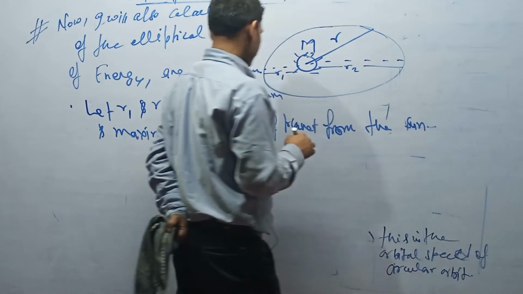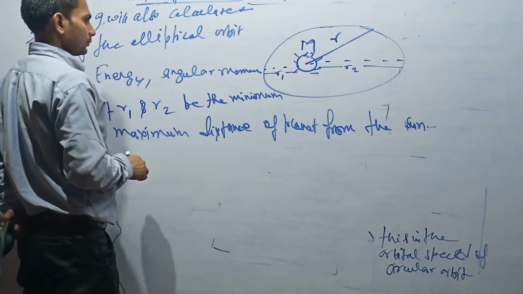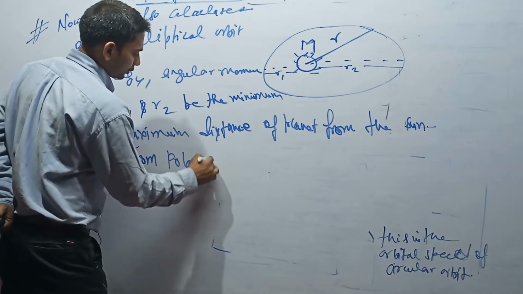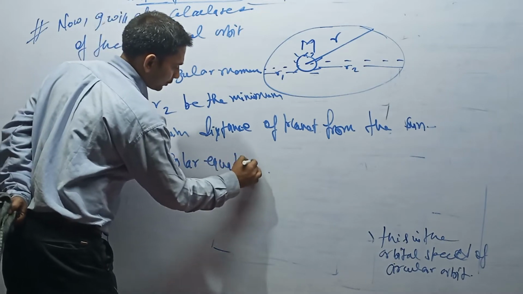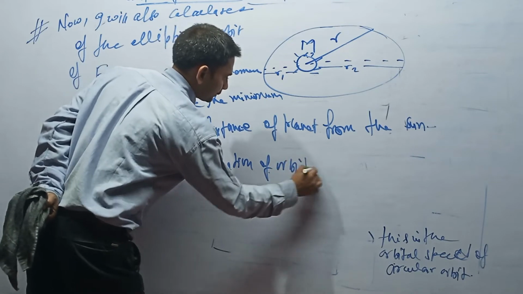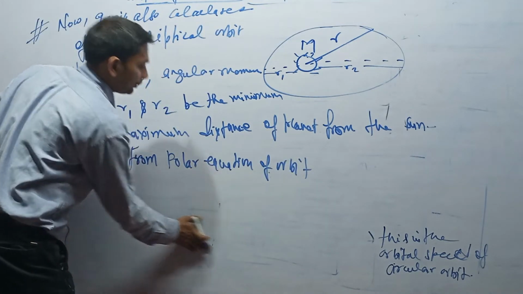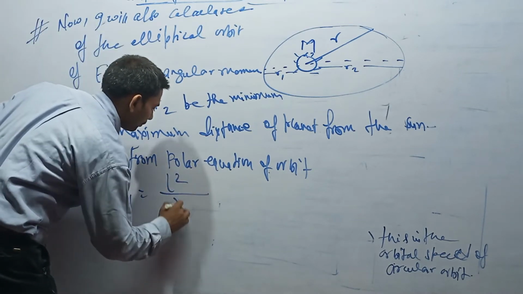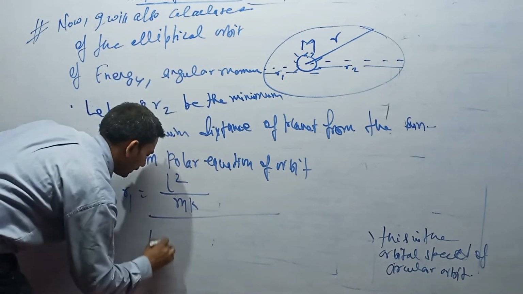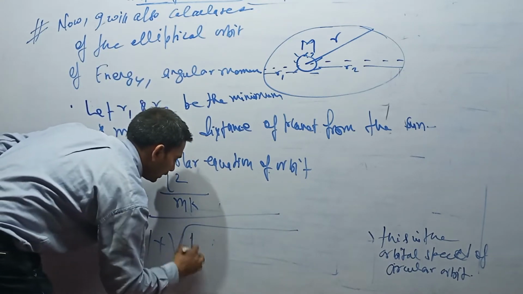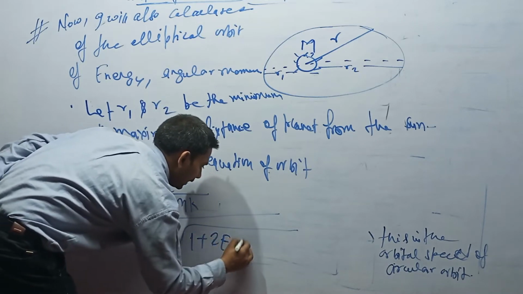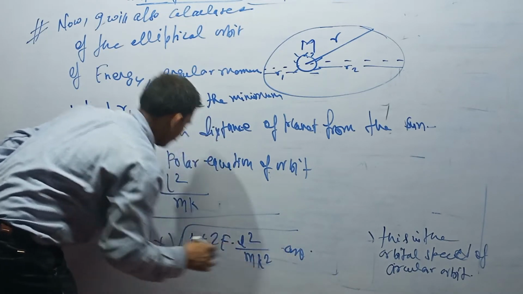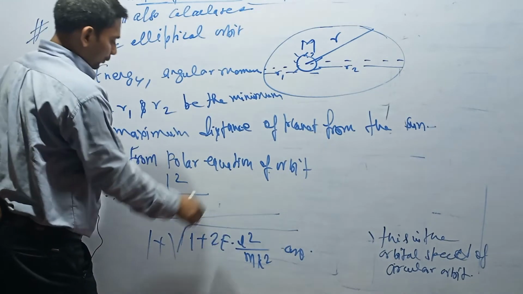From the polar equation of the orbit, l upon r is equal to L square upon mk times 1 plus under root 1 plus 2E L square upon mk square cos theta. This is the polar equation of the orbit.